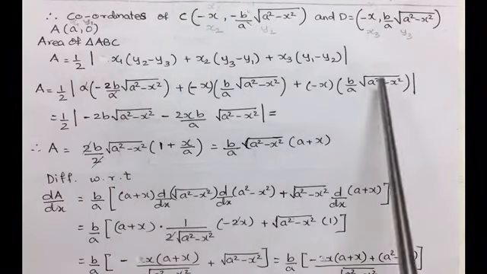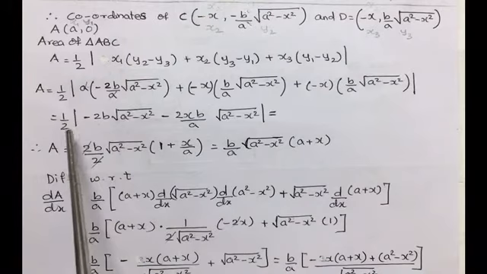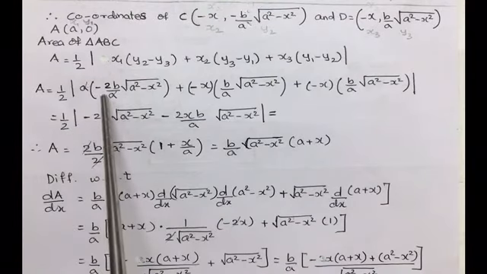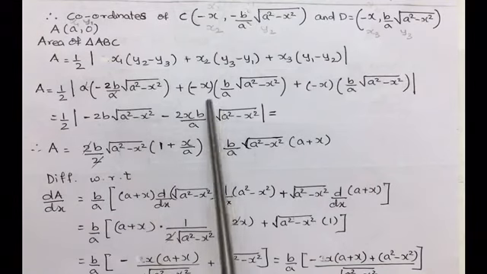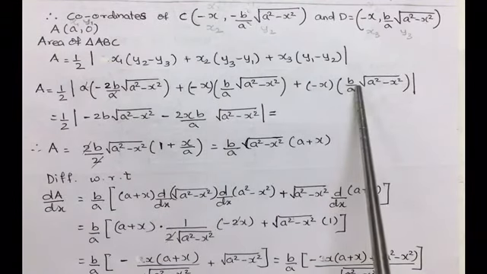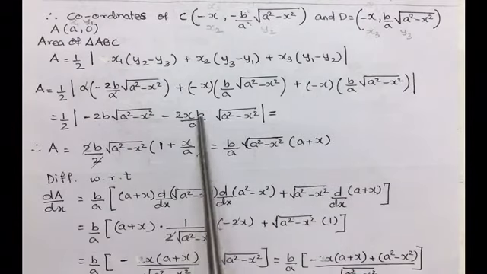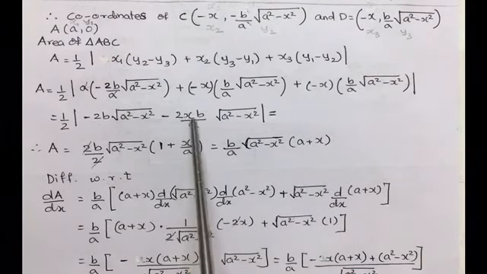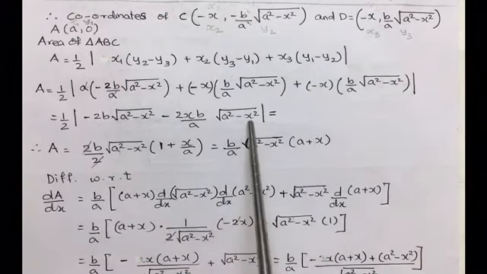Now simplifying this whole part, and here a and a get cancelled, so we get half outside. Inside the mod, minus 2b under root a square minus x square, and both these terms are the same, so adding them we get minus 2xb upon a under root a square minus x square.